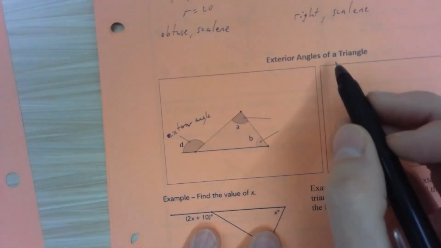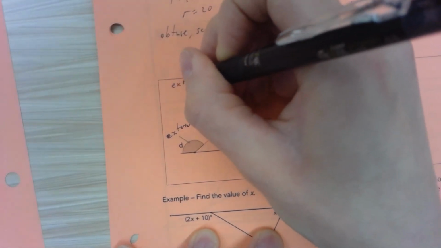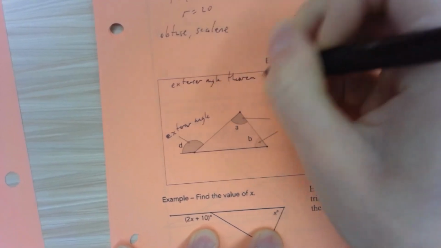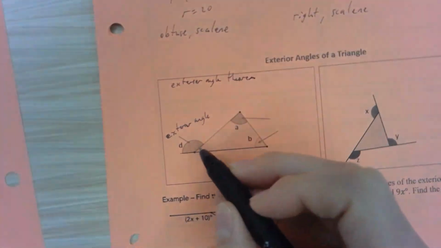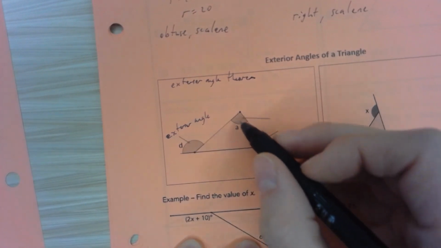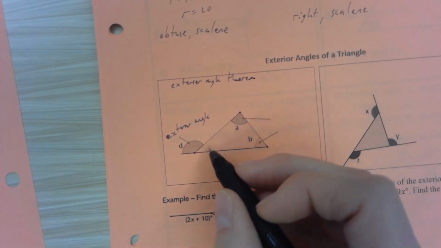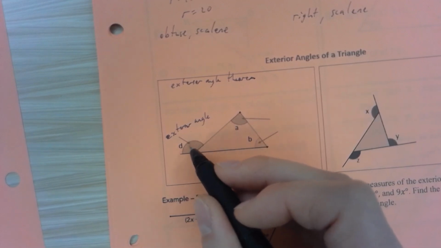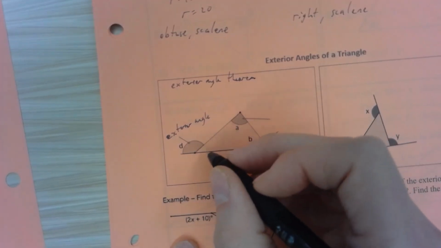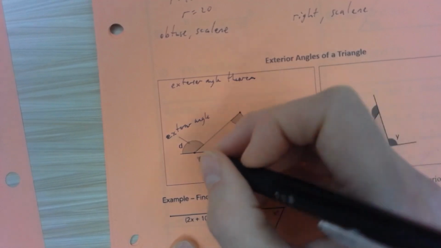And there actually is an exterior angle theorem that says something about the measure of that angle. Now, these two angles over here are both interior angles. More specifically, they are not next to that exterior angle. So what makes an angle exterior is it is a linear pair with one of the interior angles.